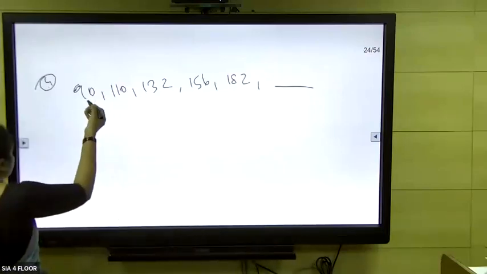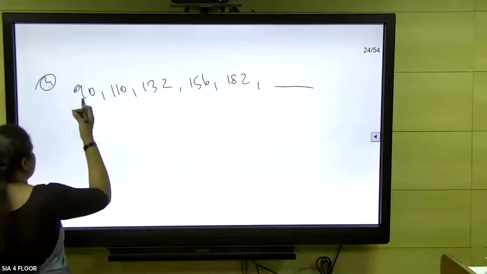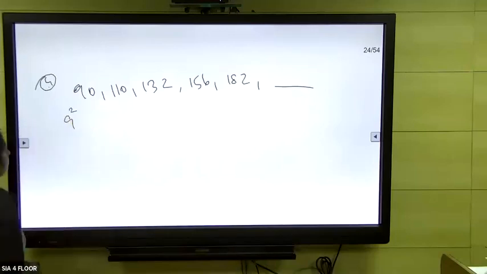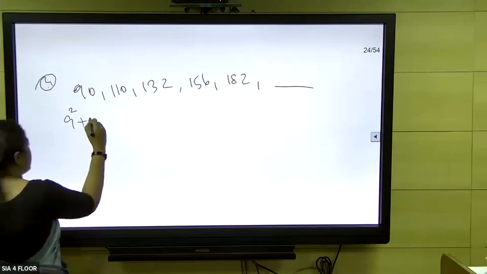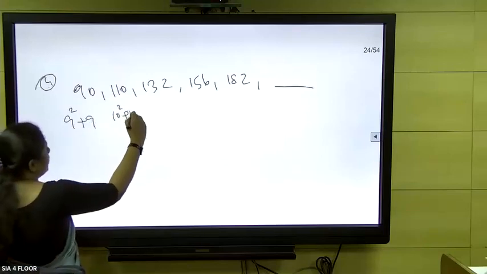This is nearer to a square number, 81. So it's 9 square plus 9, 10 square plus 10. This only comes by practice.